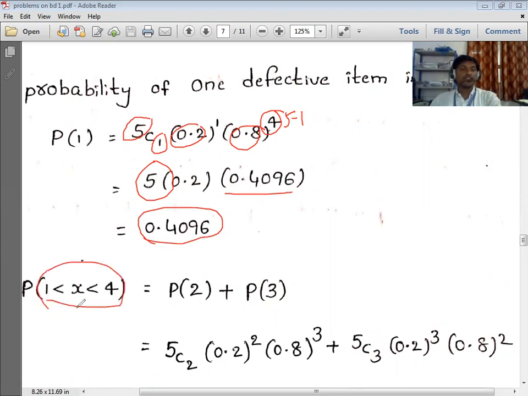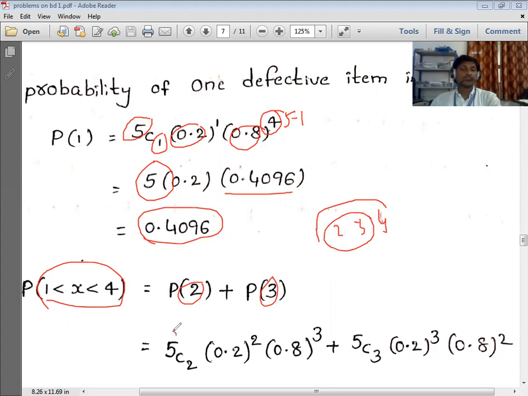Next, between 1 and 4. So between 1 and 4, what are the remaining terms? 2 and 3. Here the numbers are 1, 2, 3, 4. They are asking between these two, so what we have is only 2 and 3. So here x is equal to 2 and here x is equal to 3.